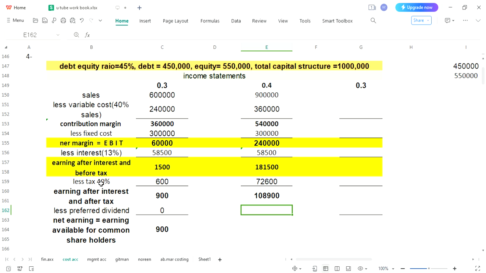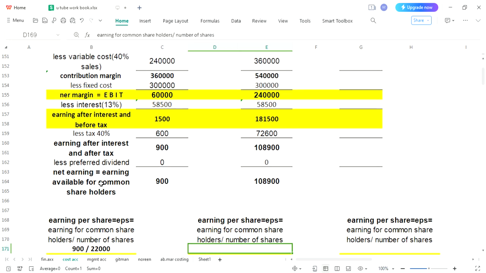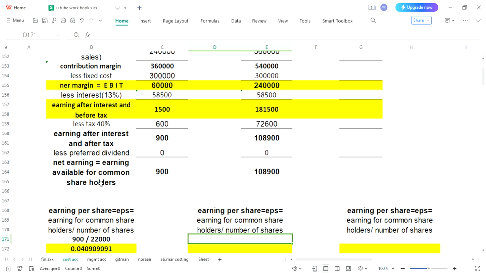No preferred dividend is present, so earning available for common shareholders would be similar. If you subtract your preferred dividend from previous earning, 1,08,900 earning after tax, and you subtract preferred dividend, you will get your earning available for common shareholders, which would be used to calculate EPS.